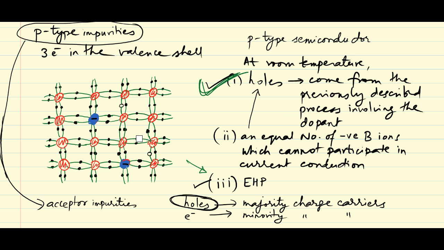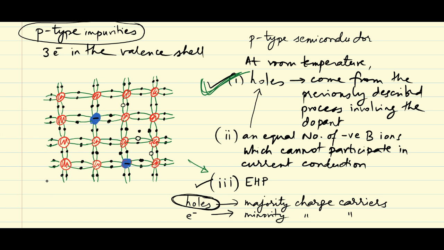So maybe I can rub out this electron, and the electron is now free. It has been liberated because of thermal collisions, and it leaves a hole which is also mobile. So that's an electron hole pair which has been generated by thermal processes. So this is more or less the complete picture of a p-type semiconductor at room temperature.